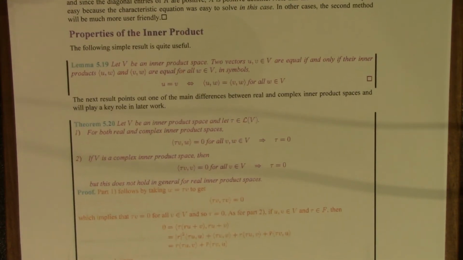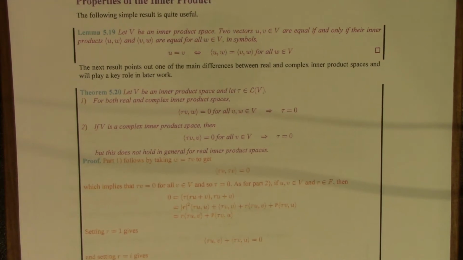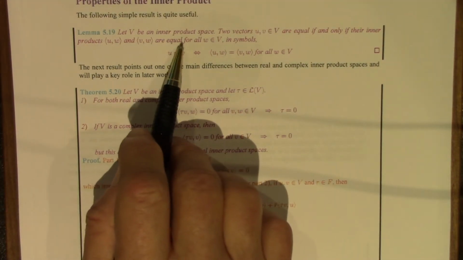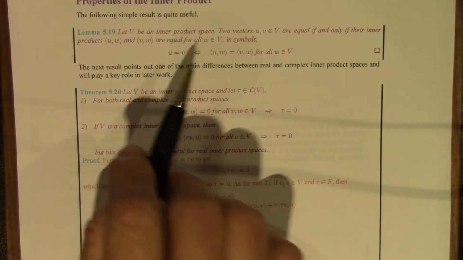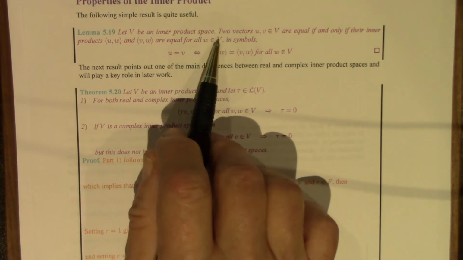Let's take a look at some of the properties of inner products and inner product spaces. The following result is very simple and yet quite useful. Let V be an inner product space.